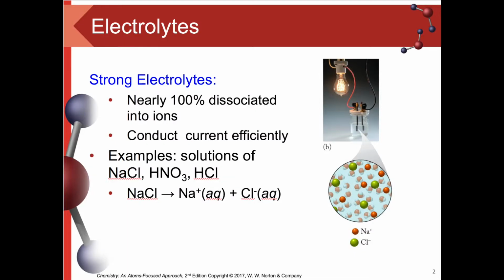Now, strong electrolytes, these are things that dissociate nearly 100%, so almost completely dissociate into ions. And examples of this are strong acids and strong bases.